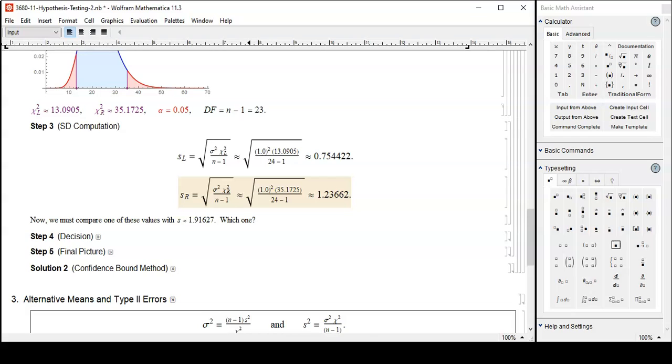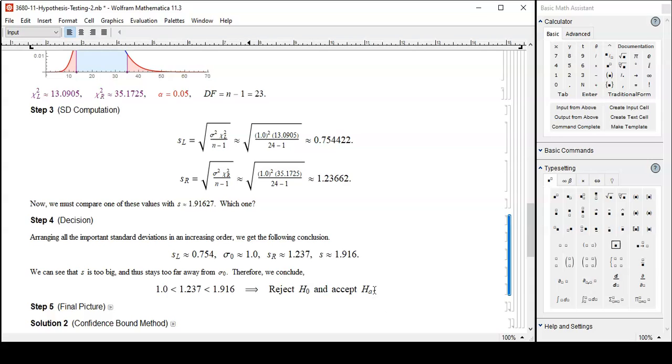Oh, I could have used variances without taking the square root, but here I decided to take the square root and then use standard deviation. That's okay too. So one is this and the other is that, and then the observed sample standard deviation is 1.9 something. So which one is the relevant one? Clearly it's this one, you see. 1.0 is in the middle, so this one is even farther away.